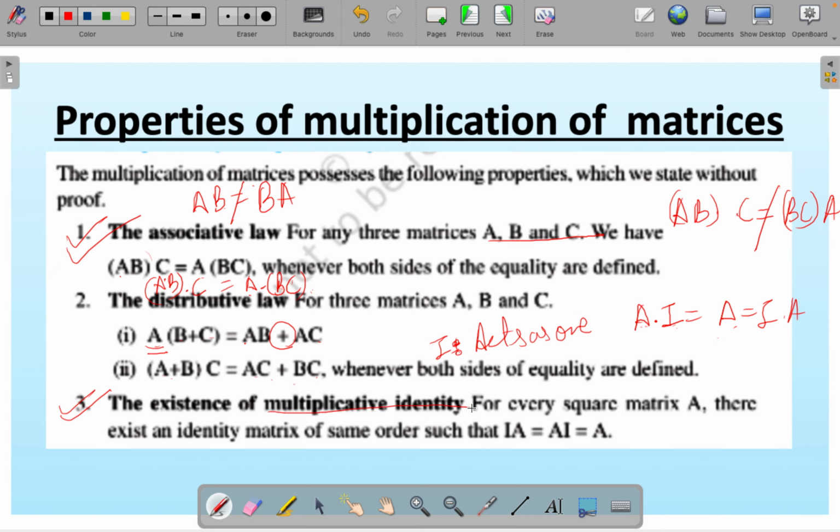This you should know. So the multiplicative identity for a given matrix is I, that is the identity matrix, of obviously the same order as A, for any square matrix. So these are all the properties of multiplication.